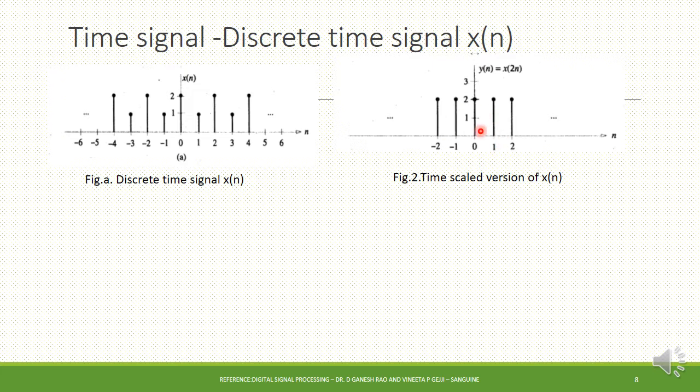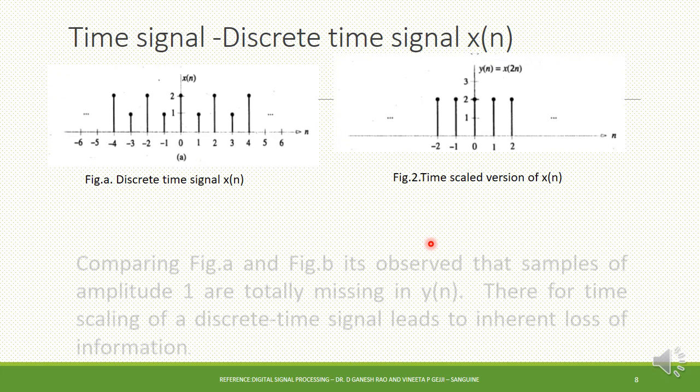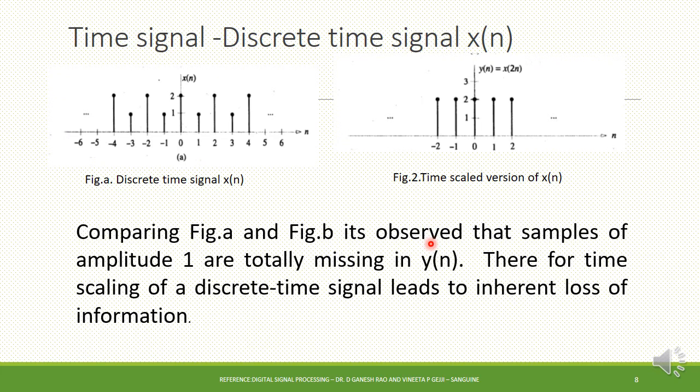What happens here? In this, the samples of amplitude 1 are missing. So just compare and understand what happens to the time scaled signal for this discrete time signal.